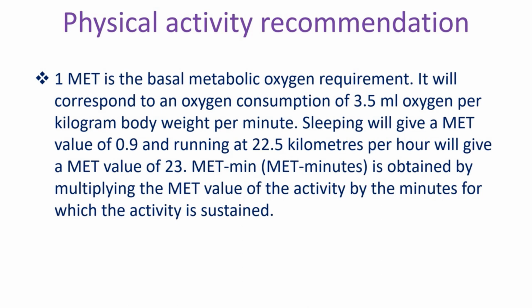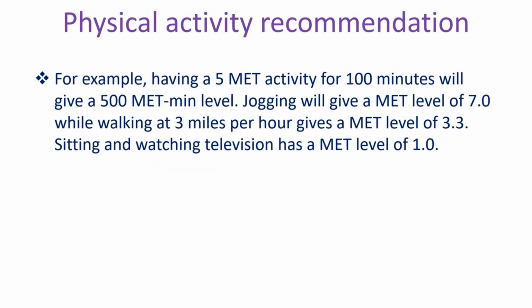MET minutes is obtained by multiplying the MET value of the activity by the minutes for which the activity is sustained. For example, having a 5 MET activity for 100 minutes will give a 500 MET minute level. Jogging will give a MET level of 7, while walking at 3 miles per hour gives a MET level of 3.3. Sitting and watching television has a MET level of 1.0.